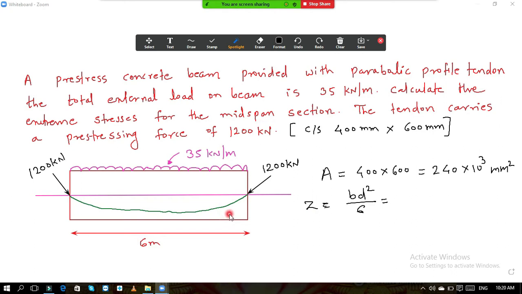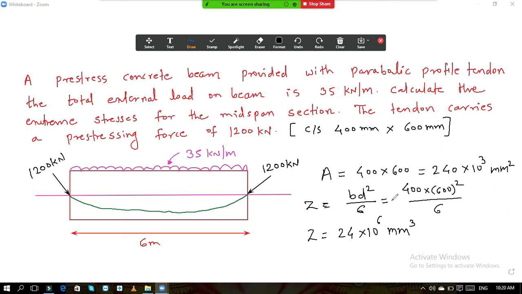So please note these points. Now it is BD square by 6, so 400 into 600 square by 6, which comes out to be 24 into 10 raised to 6 mm cube. This is the value of Z.